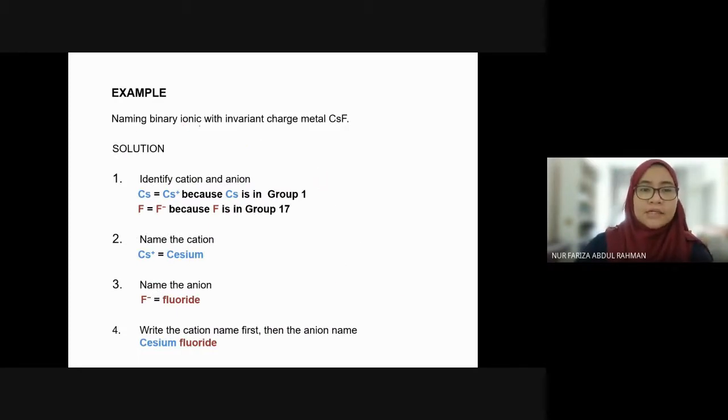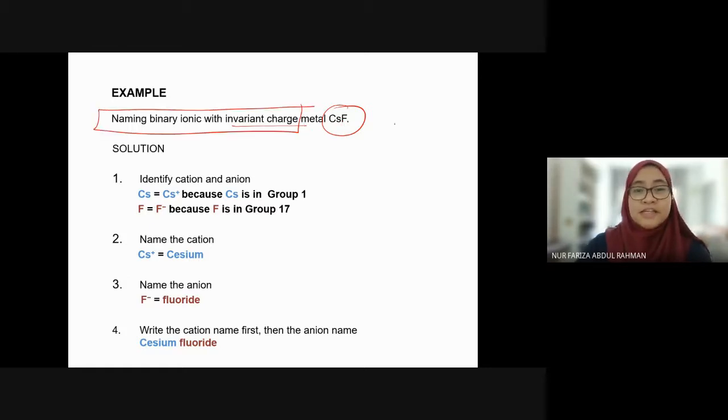Name the binary ionic compound with invariant charge metal. You have to identify the compound itself. First, is this an ionic or molecular compound? If we ignore the description given in the question and just have the chemical formula, the first step is to identify whether it is a molecular or ionic compound, because different compounds have different naming styles.